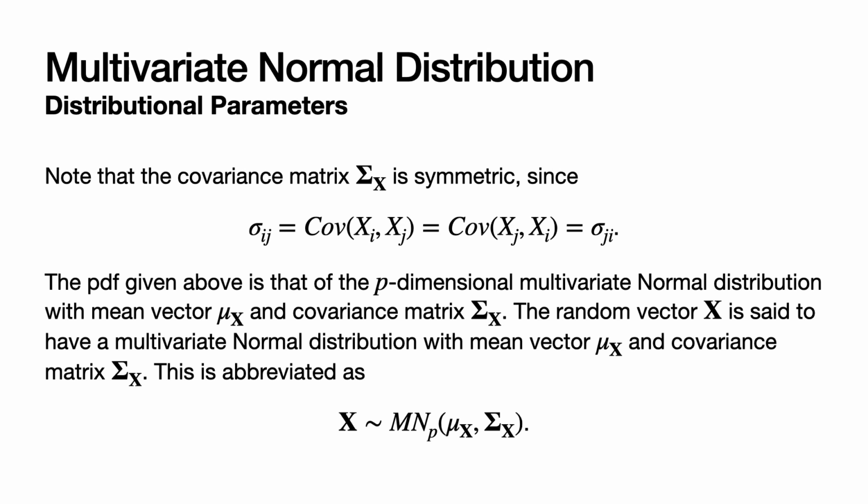Bold x, which is a p by 1 random vector of random variables, is distributed according to a multivariate normal distribution of dimension p, with mean vector given by mu sub x and covariance matrix given by capital sigma sub x.